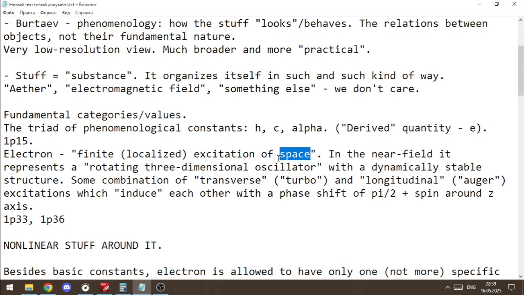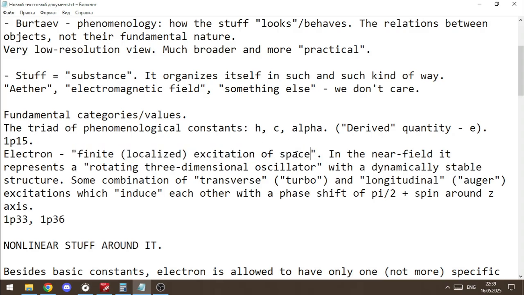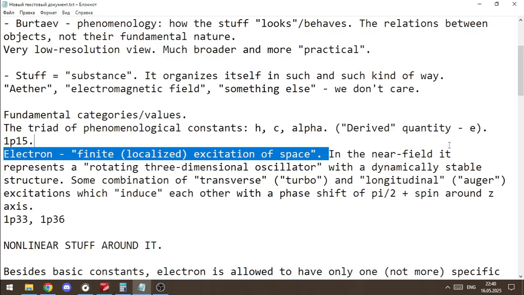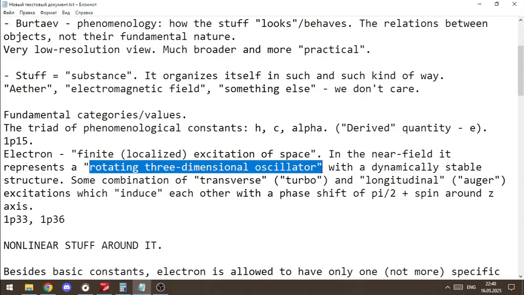Or you may call it not space, I think this is a quote because I took it in quotation marks, but maybe also excitation of substance, not just space. Whatever, that's all terminology. What is important to us is that in the near field, when you are very close to it, it represents a sort of rotating three-dimensional oscillator with a dynamically stable structure.